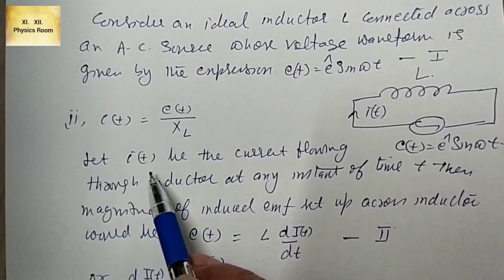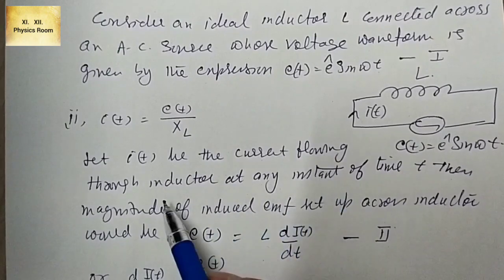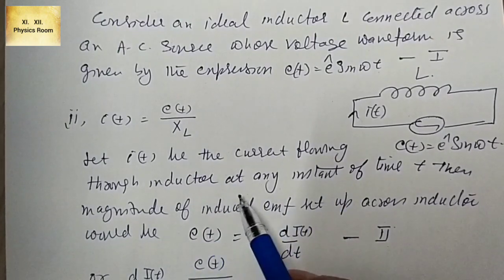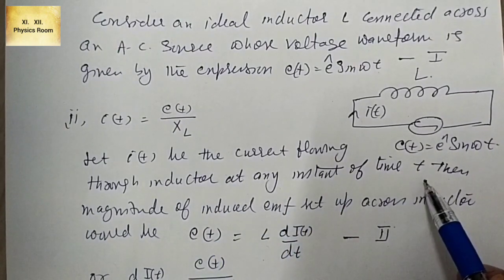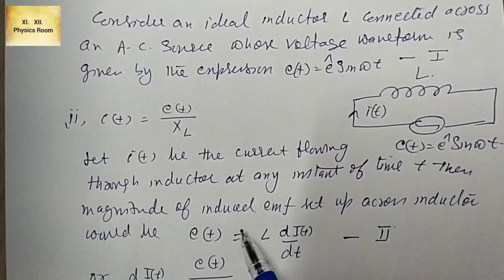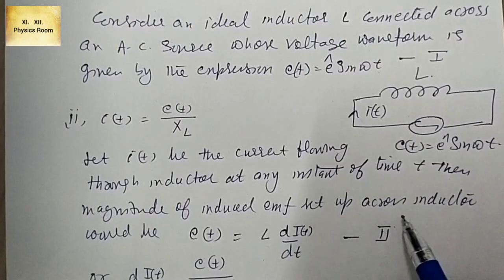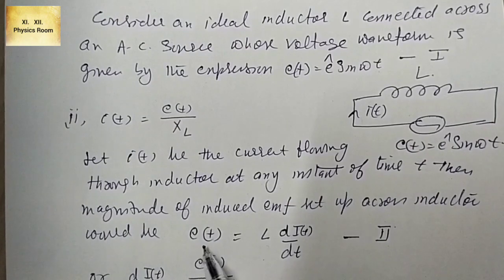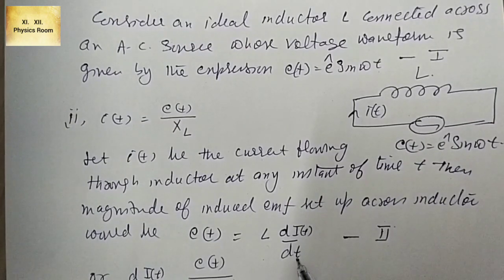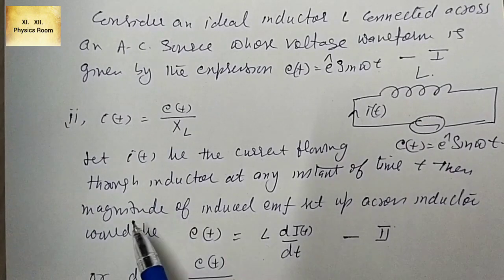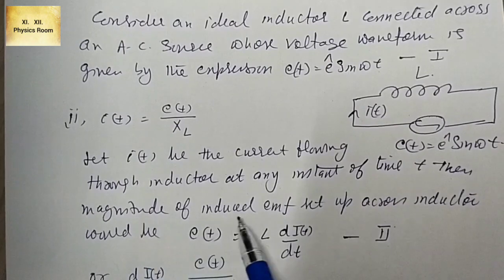Let I(t) be the current flowing through the inductor at any instant of time t, then the magnitude of the induced EMF set up across the inductor would be E(t) is equal to L di by dt. It is the magnitude. We are not taking minus here, because it is opposite. Minus we usually put, but here we have talked of the magnitude of induced EMF.